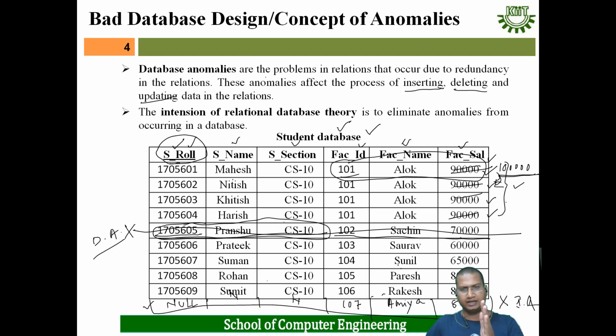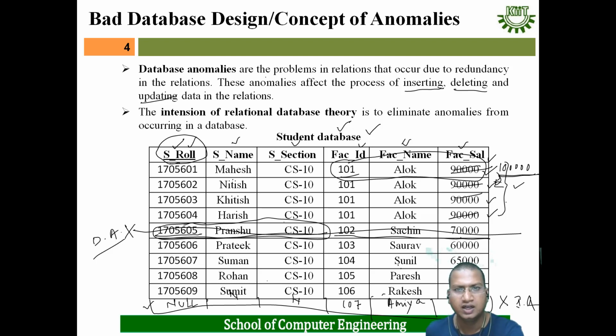If we apply normalization, then we can decompose this relation into multiple relations, so that all the anomalies will be removed and we can reduce the redundancy.